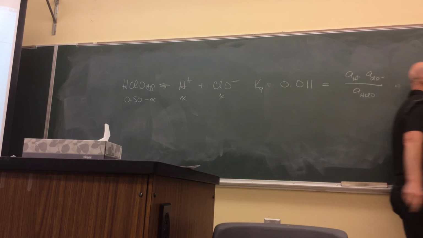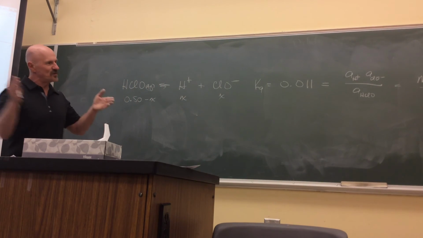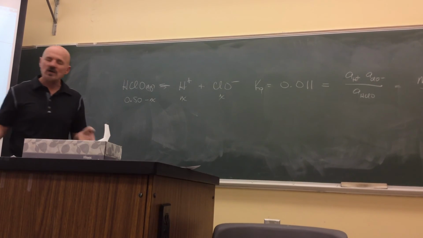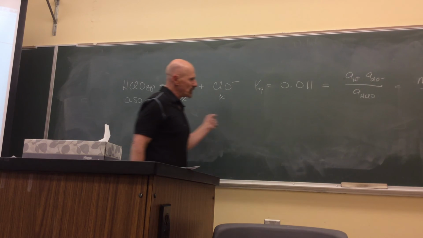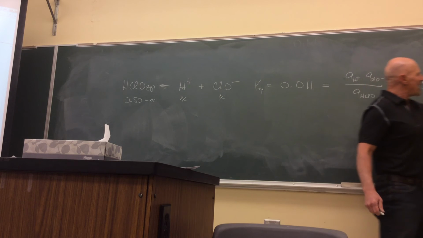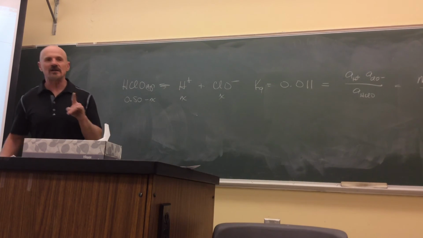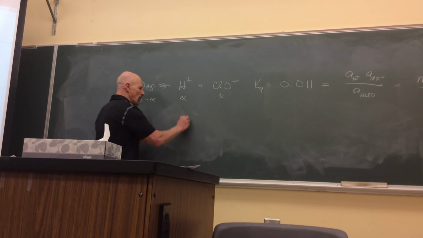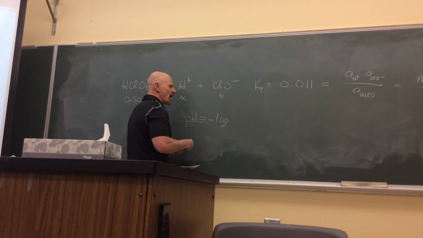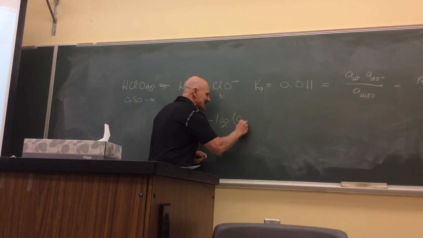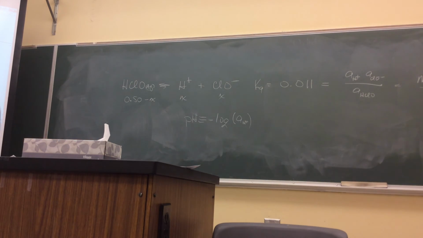If you knew what gamma was, you would solve that using a quadratic equation and be done. But you're going to take the same attack: set gamma equal to 1, solve for x, and calculate the pH. But you recall, pH is defined correctly as the negative base 10 log of the activity of the hydrogen ion. We lied to you back then.